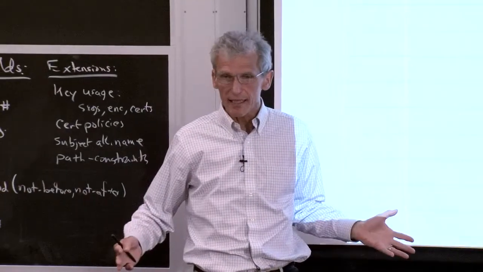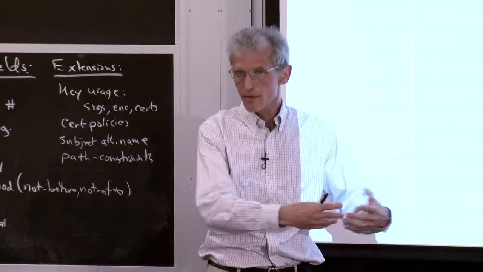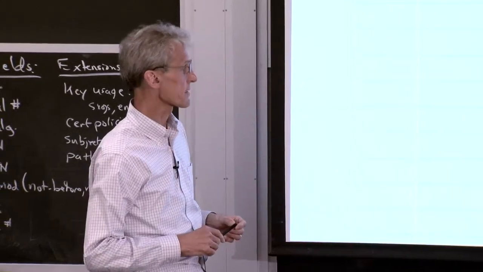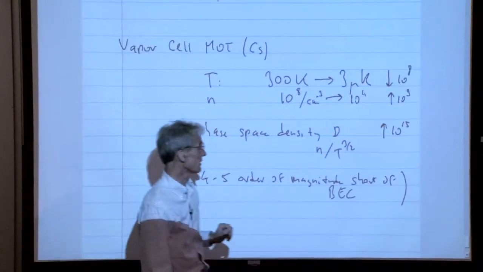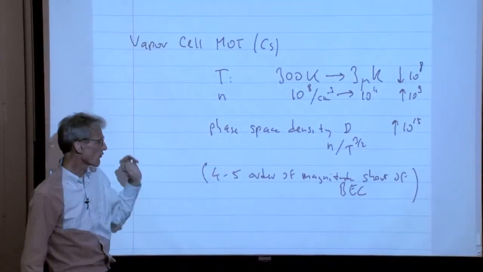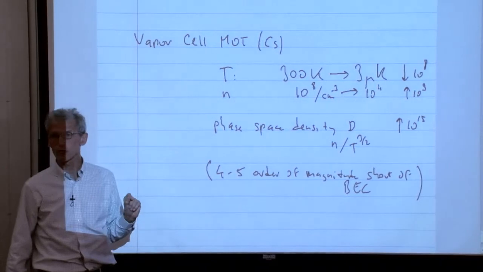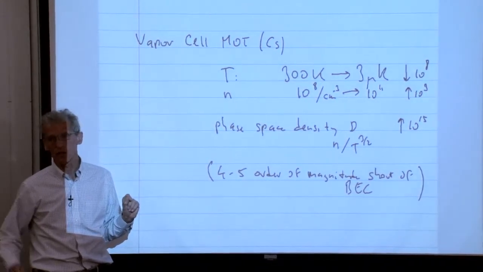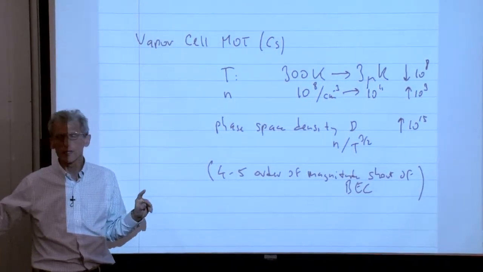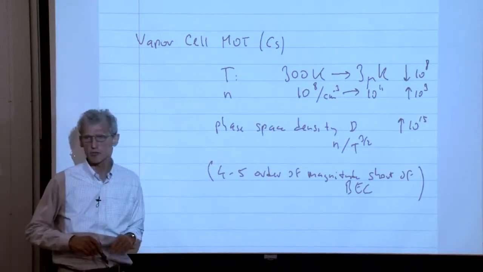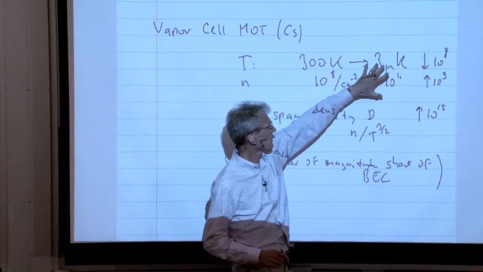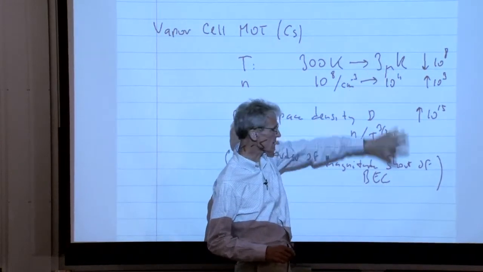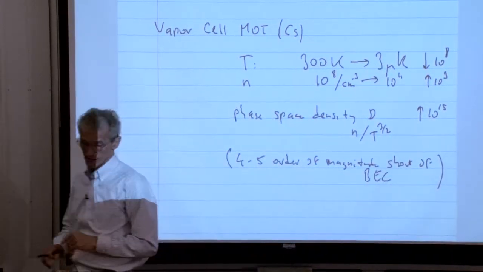So this is why molasses and the MOT were a real milestone. Now, with 15 orders of magnitude, you are just 4 or 5 orders of magnitude away from Bose-Einstein condensation. And we will discuss in a week and a half what techniques were needed to bridge the gap between those temperatures and densities and quantum degeneracy of gases.